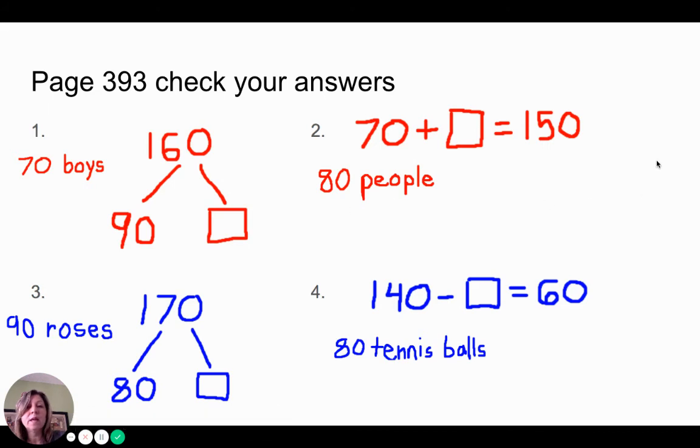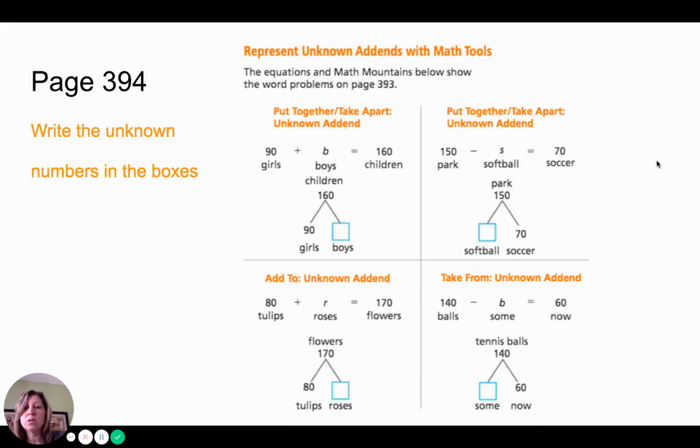Okay. If you look at the next page, page 394, these problems match the problems that we just did. So if you did an equation with a variable, such as this one for the first problem on the page, you might have used B for boys, and it looks like this.